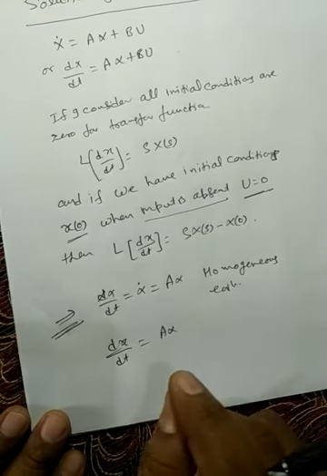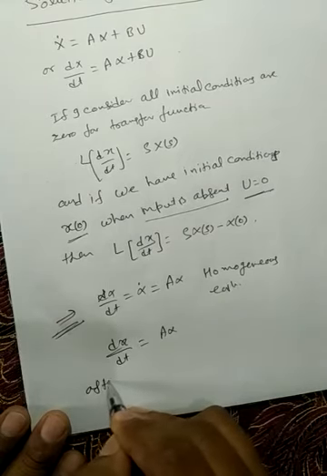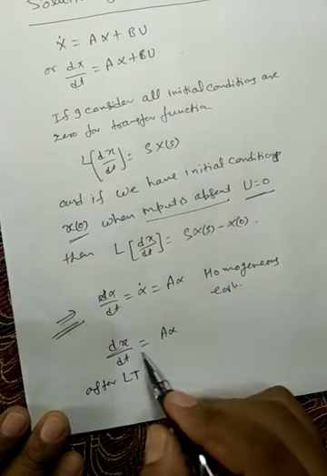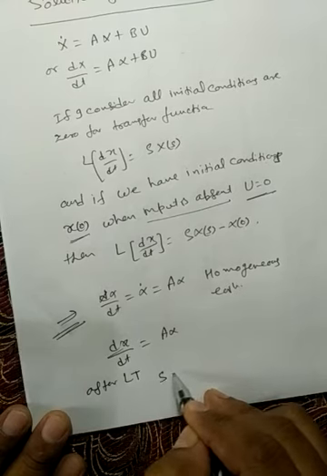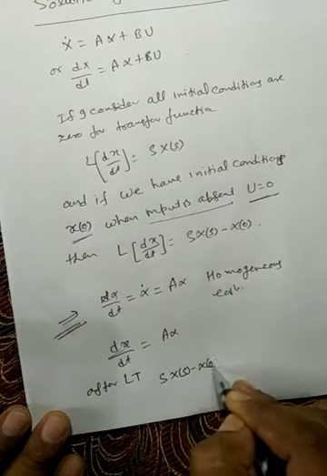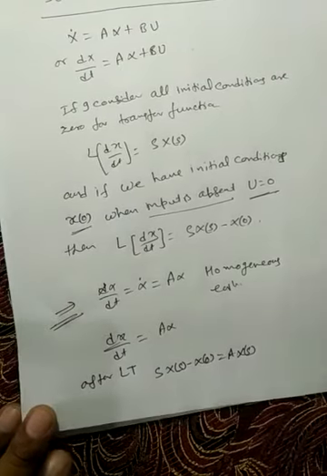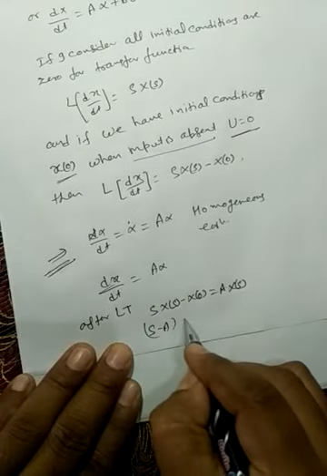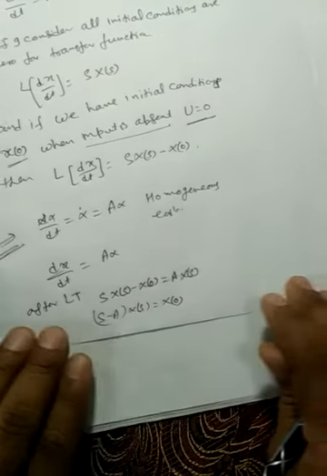After taking the Laplace transform, we have sX(s) minus x naught is equal to AX(s), or (s minus A)X(s) is equal to x naught.